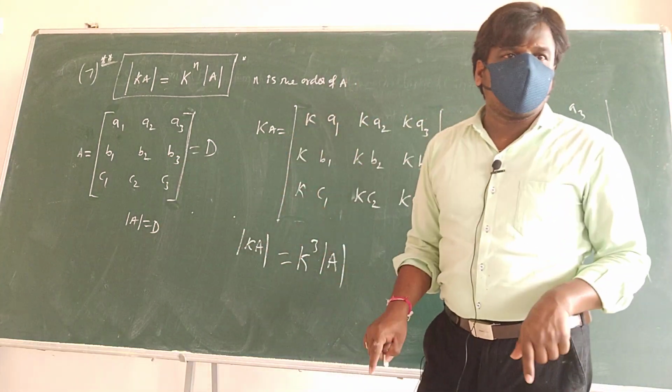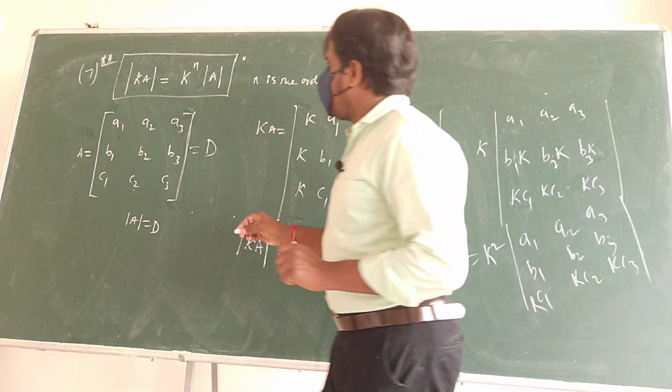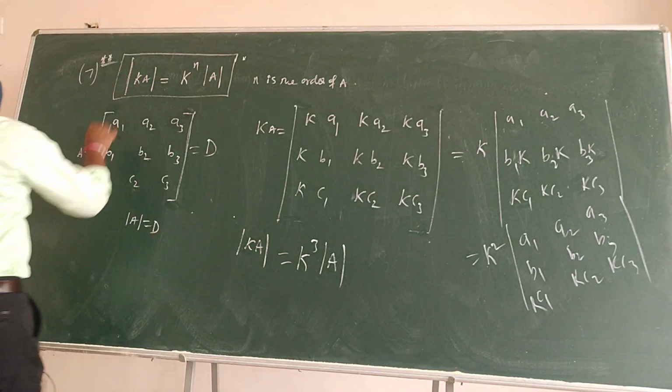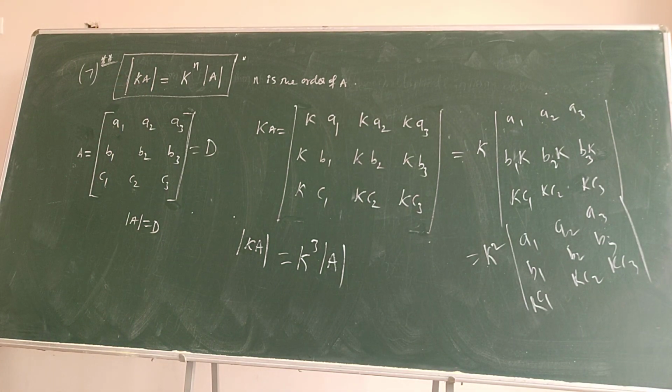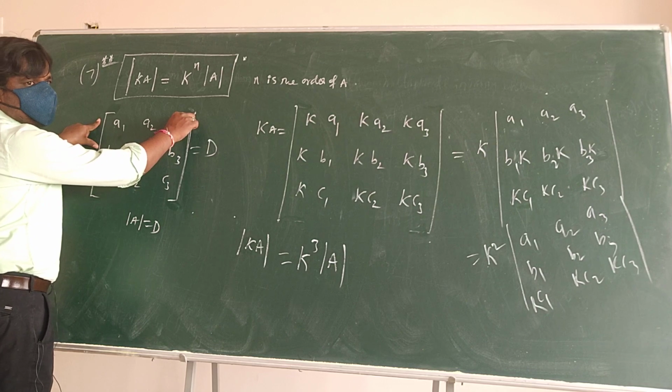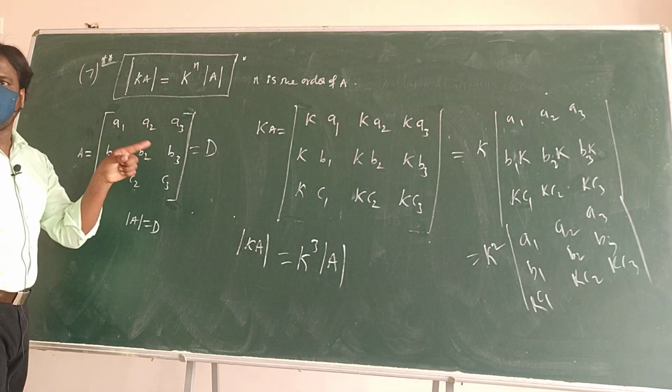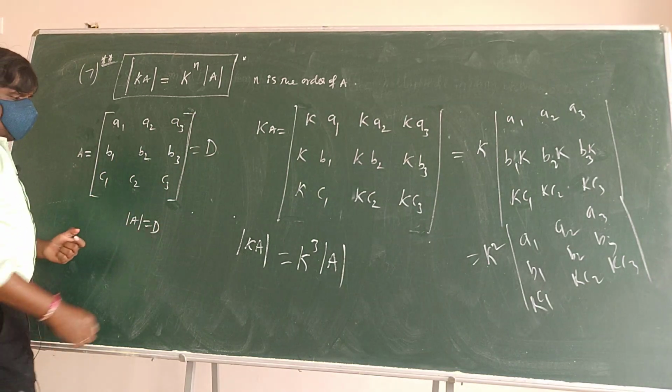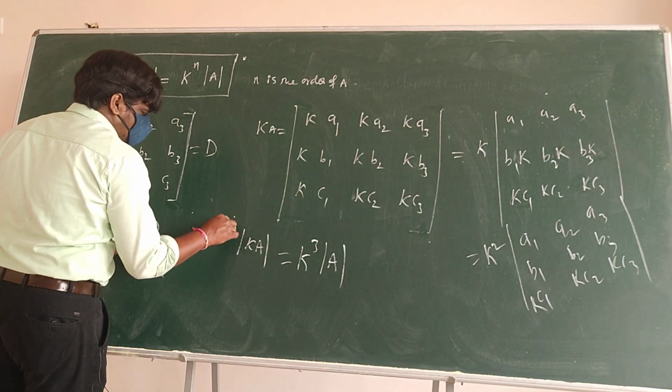The determinant is D. That is the reason the formula is mod of KA equals K power n mod A, where n indicates the order of the matrix. If this is a 3 by 3 matrix, I get K power 3 mod determinant of A. This is very important.